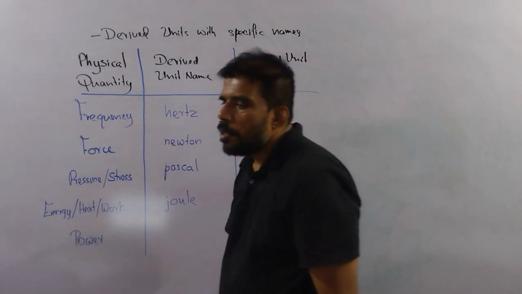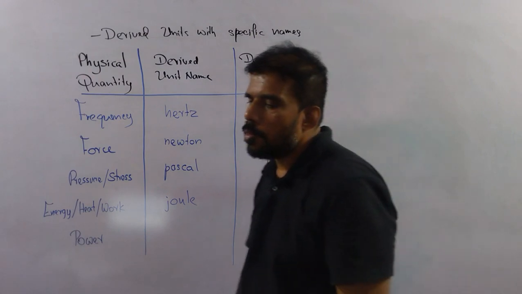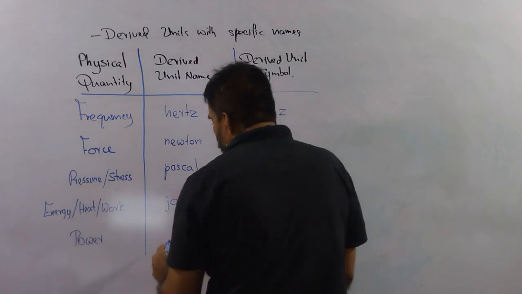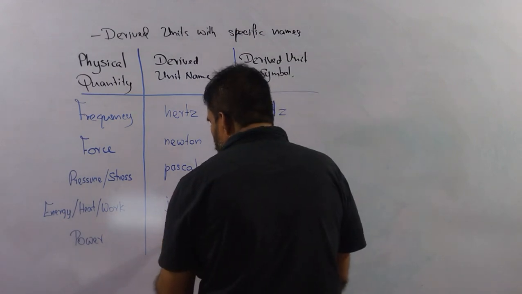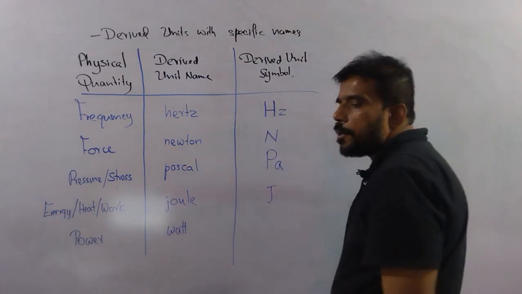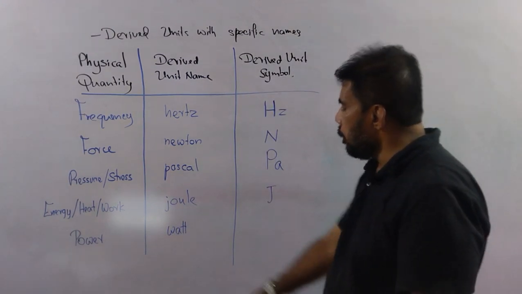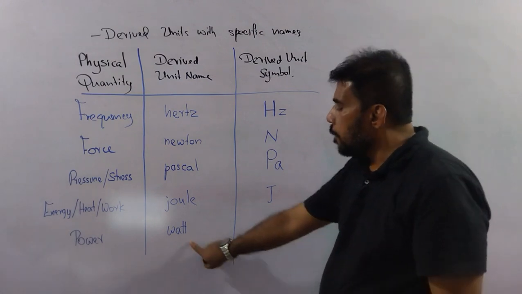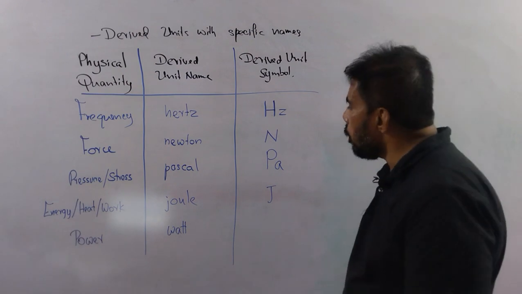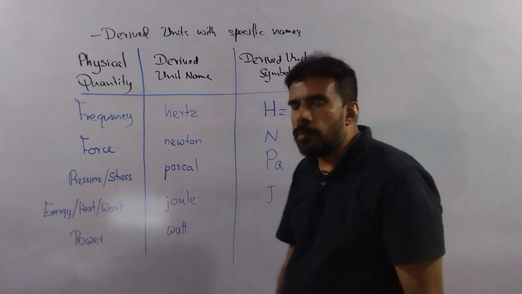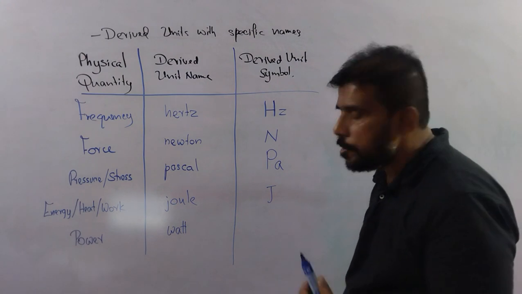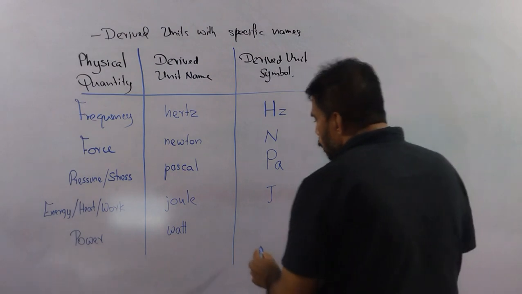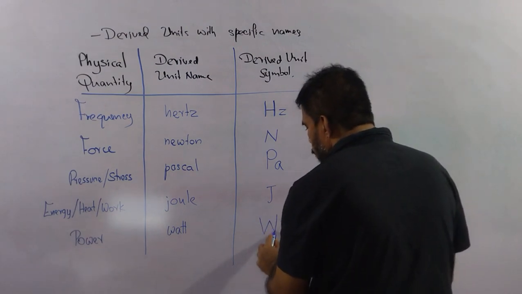Power is the rate of work done, or work done per unit time, with the unit called watt, W A T T, in honor of the well-known scientist James Watt, who worked on the steam engine and the first mechanized engines. The symbol is capital W.